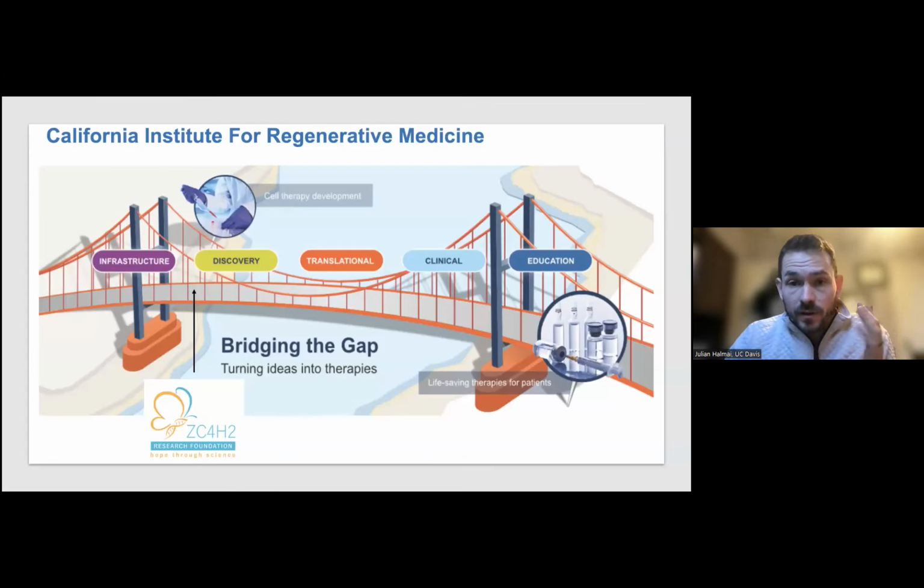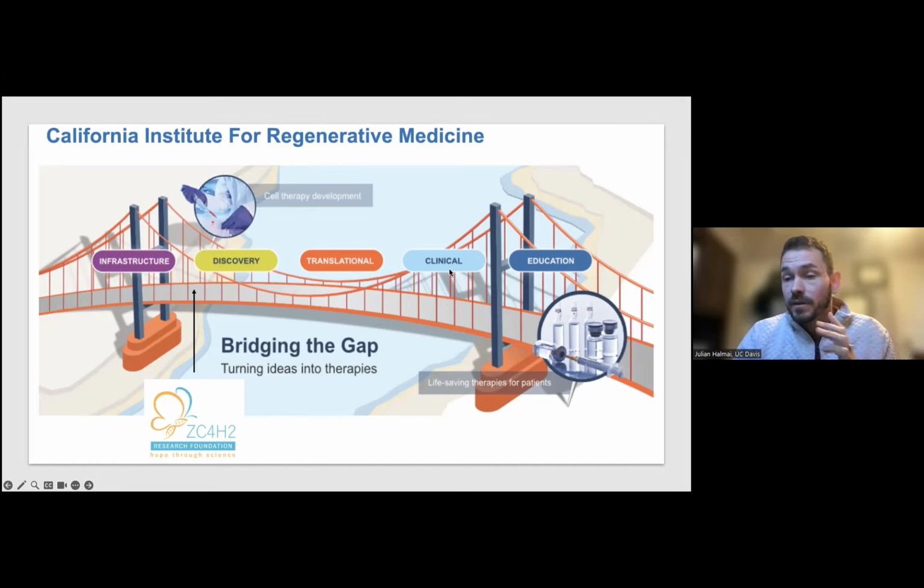One last thing that I want to highlight here is that, as a lab in California, we have the California Institute for Regenerative Medicine, which is a fantastic pipeline that allows us to go from a discovery grant, which you can see here at the beginning of the Golden Gate Bridge, all the way down to a clinical grant.